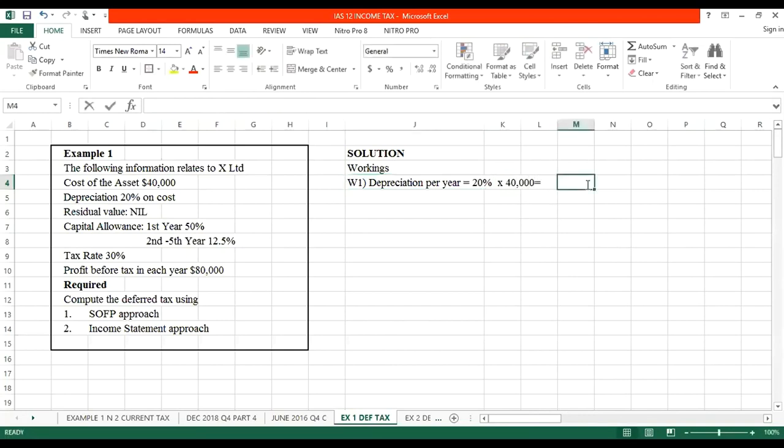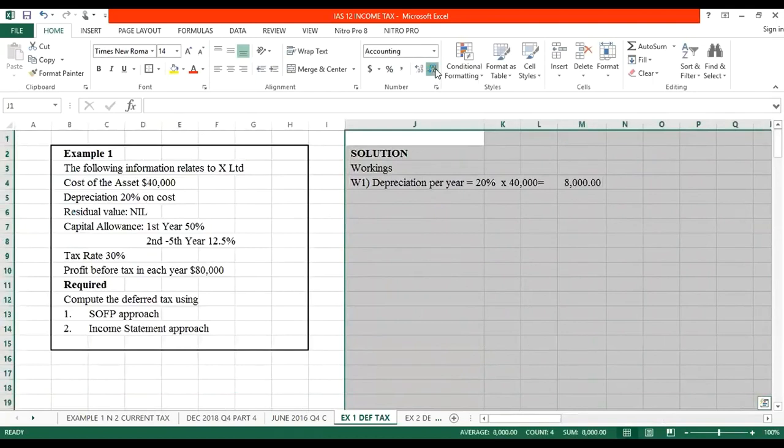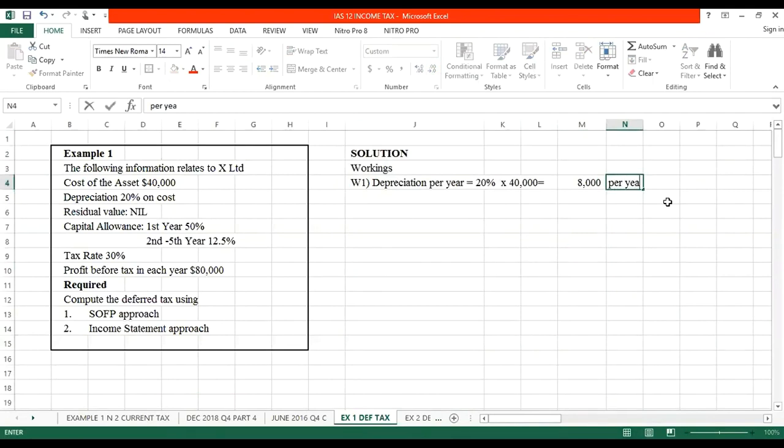So what does that give you? It gives you 20% times 40,000. So what do we get? So the depreciation per year. Remember, this is per year, so every year.